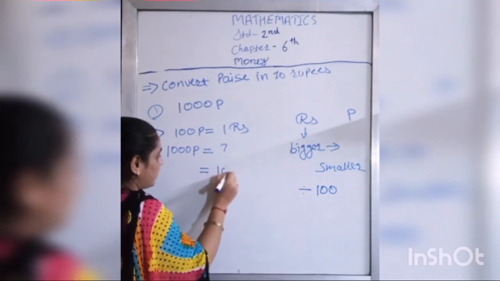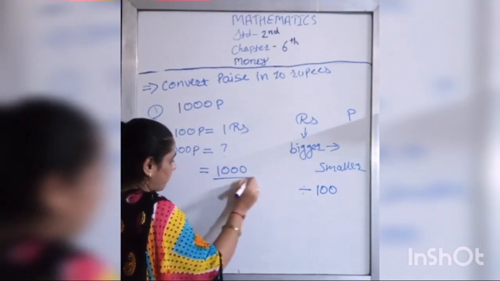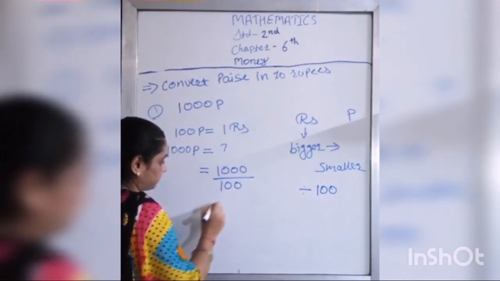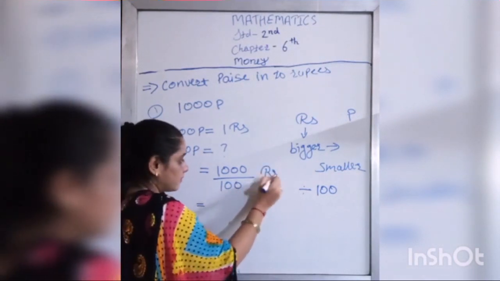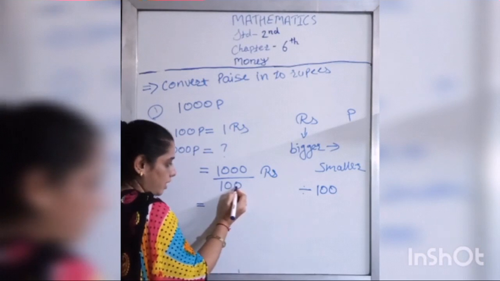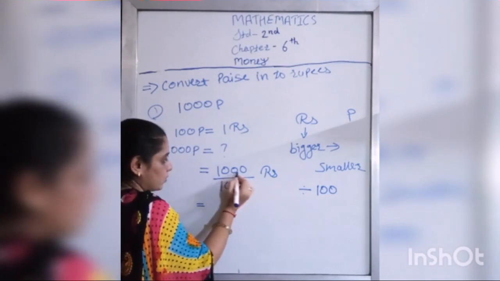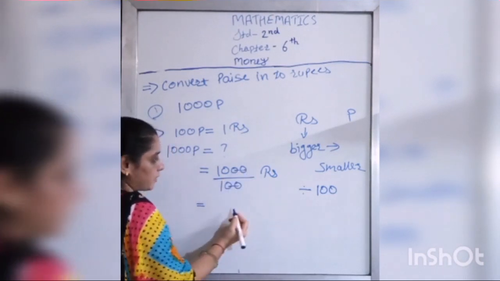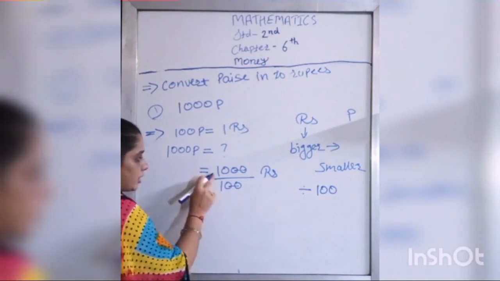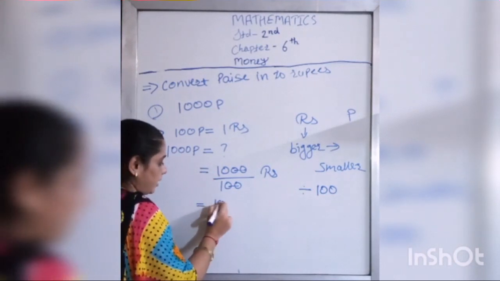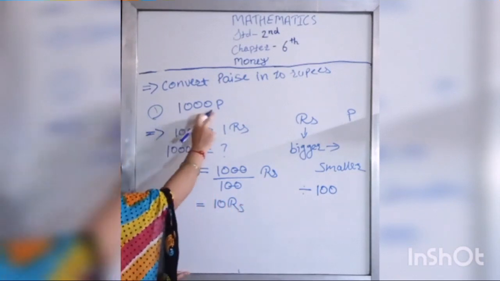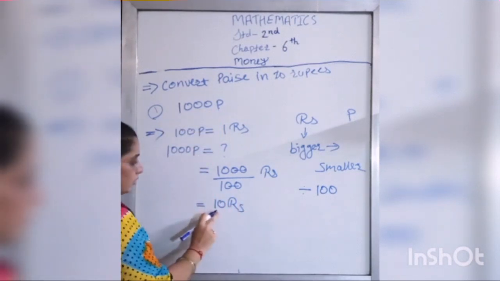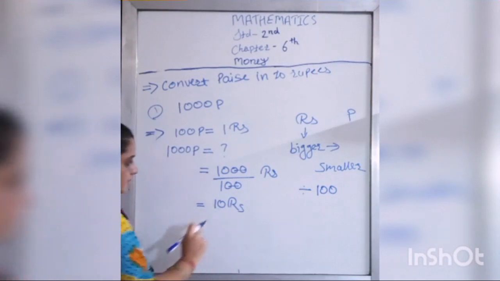We will divide 1000 by 100. 2 zeros from the 100 and 2 zeros from the 1000 will get cancelled. What is remaining here? 10 rupees. That means 1000 paise is equal to 10 rupees.